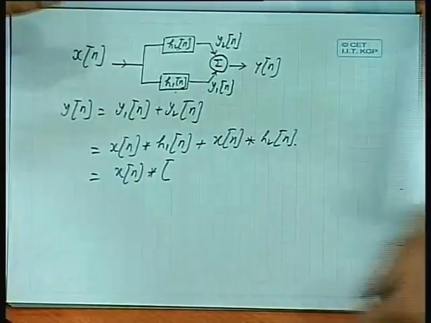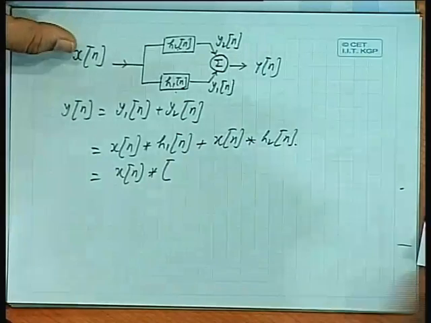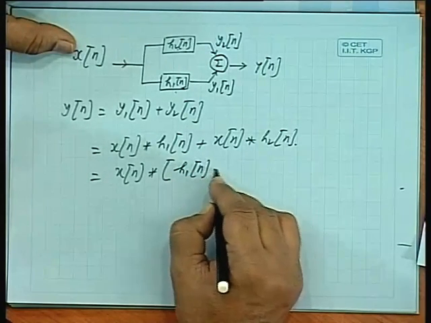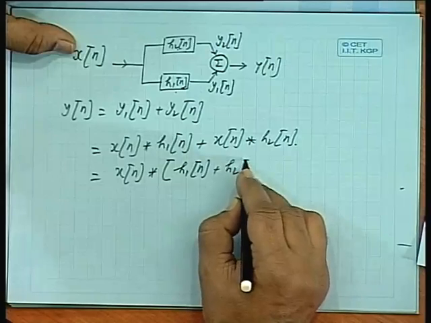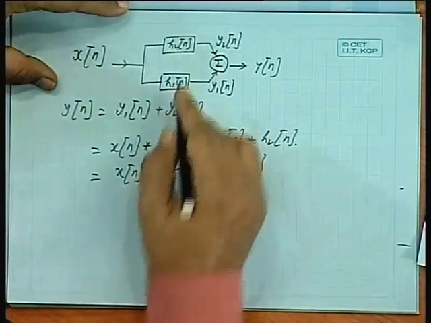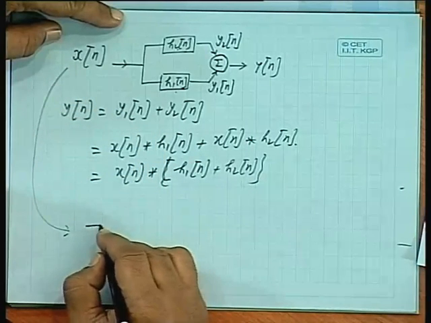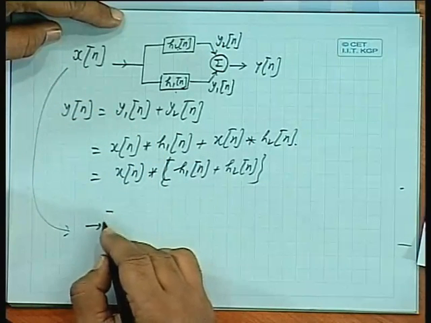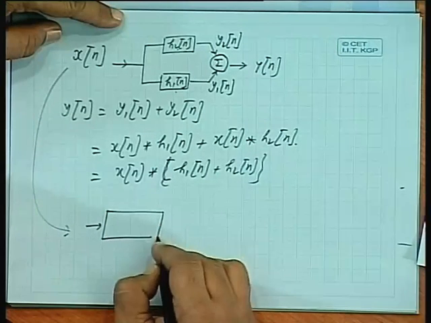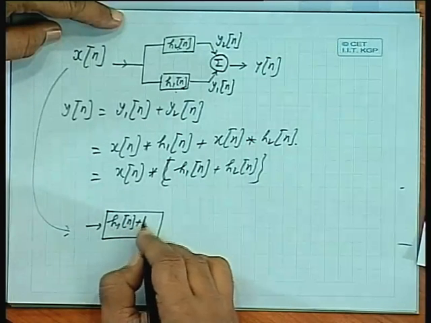You can try with one example again, very similar to this kind of table you can make. So, this can be written as H1n plus H2n.